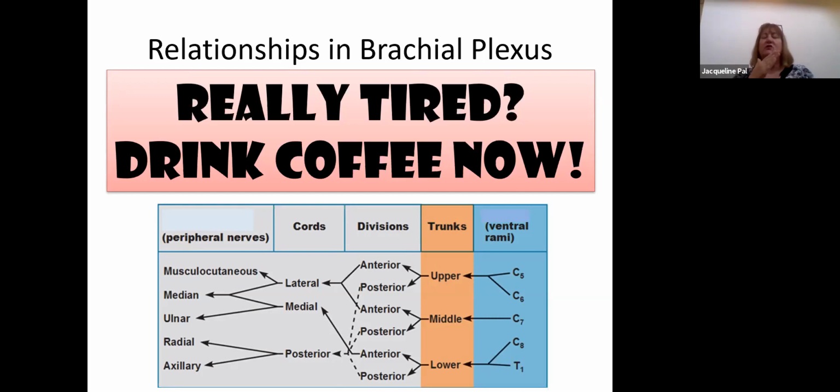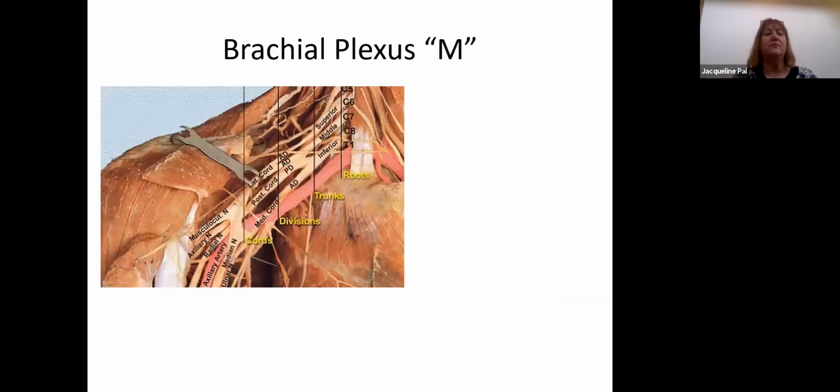Okay, so just learn the really tired, drink coffee now, C5 through T1, and then the 5 nerves, which we're about to go through. So here's a picture of the neck showing, I know it says roots, but think rami, really tired, drink coffee, and here are the 5 nerves, okay? Not important to learn the names of the trunks, divisions, or cords.